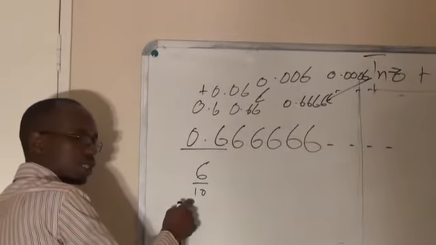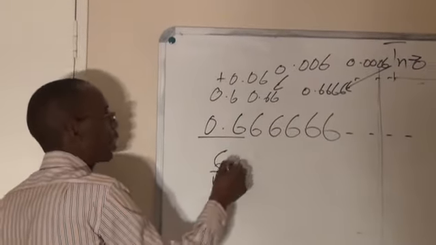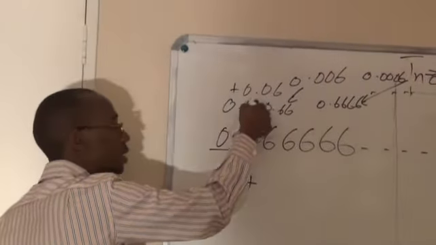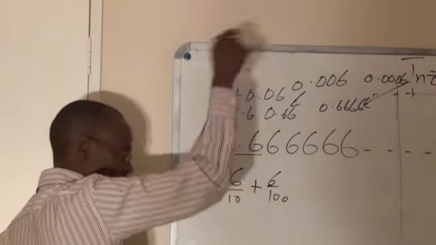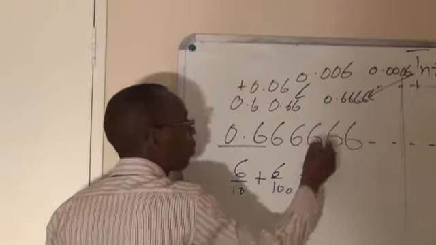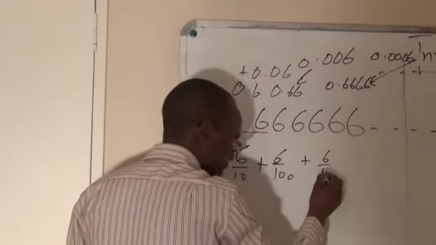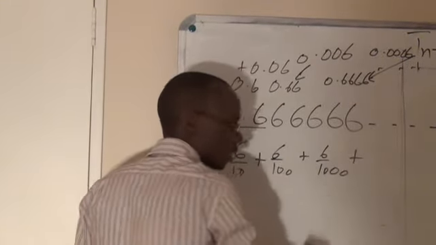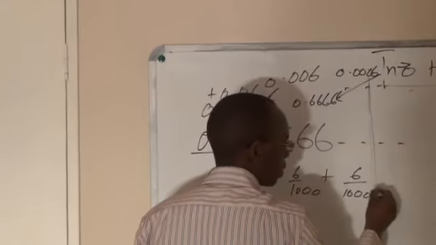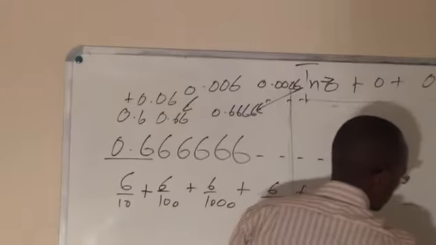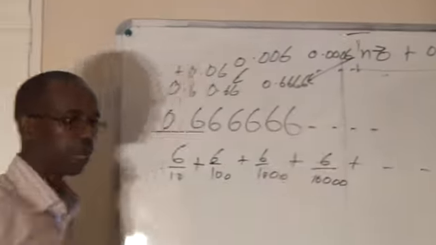0.6 we have said is actually 6 over 10. And we are saying to that we add 0.06. 0.06 is actually 6 over 100. And we add the other term, 0.006, which is 6 over 1,000. Plus, we can continue. Obviously, the next term to come here is 6 over 10,000. Plus, until we add whatever that we add at the end.